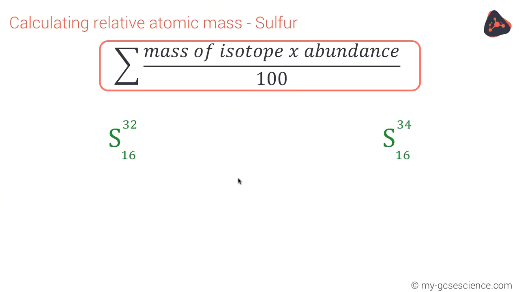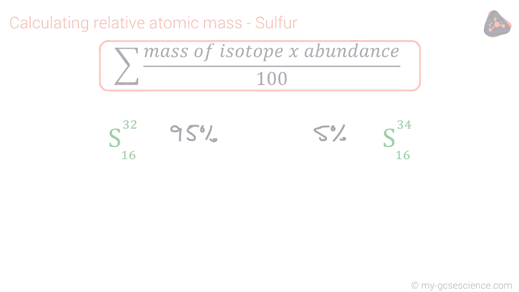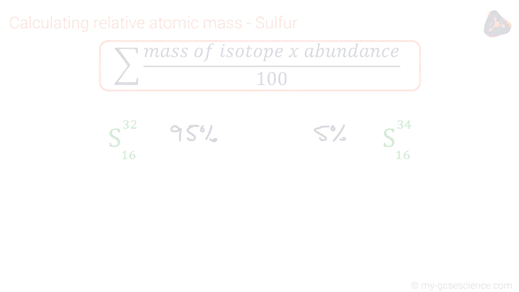Have a go yourself at calculating the relative atomic mass for sulfur. We have two different isotopes, sulfur-32, which has an abundance of 95%, and sulfur-34, which has an abundance of 5%. Have a go at calculating it yourself, pause the video, and in a couple of seconds I'll show the answer.